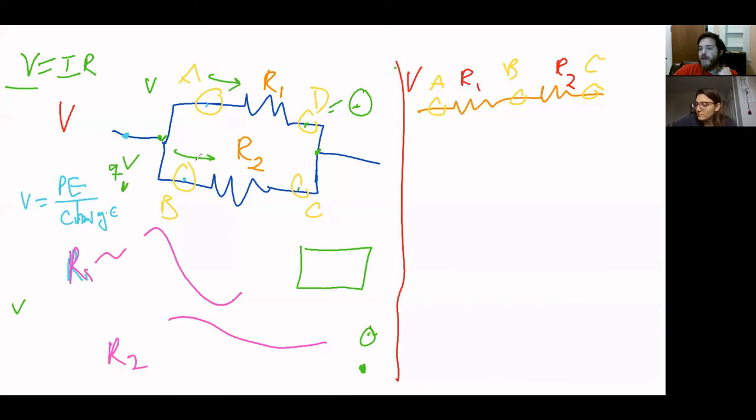Think about if you run the circuit backwards, right? If I run the circuit backwards, these have the same voltage back to that source, right? Even though they meet, they have the same voltage back to the source. Same can be said over here. So if I run the circuit backwards, which we said the direction doesn't matter, then these have to have the same voltage back to the source because they're acting like one wire until they hit the resistors.